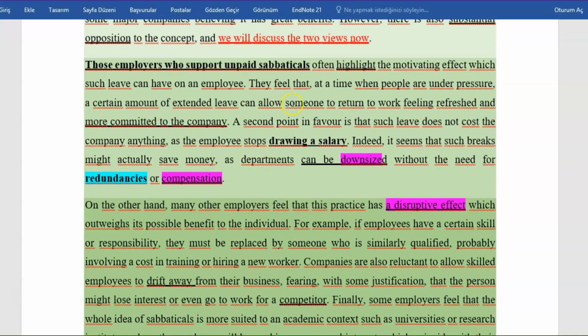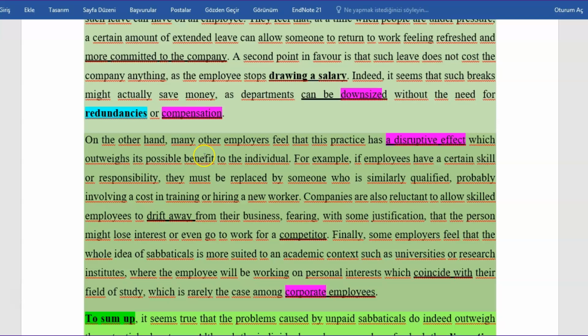This was for, and now we are going to present reasons against this opinion. On the other hand, by contrast, many other employers feel that this practice has a disruptive impact, which outweighs its possible benefit to the individual.